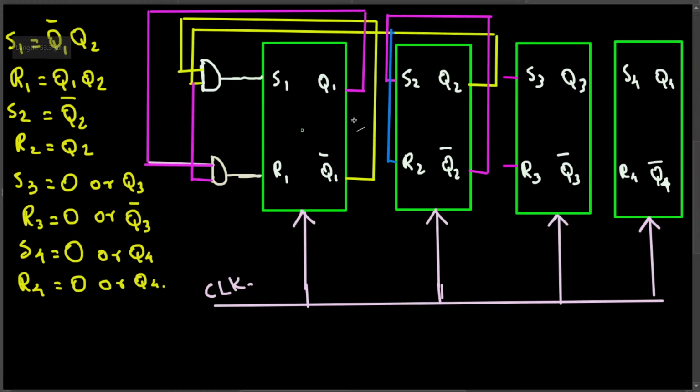You can see S3, R3, both of them are 0. Bring a wire like this, connect it to the ground. And S4, R4, same thing. Bring a wire like this, connect it to the ground. And that's our final design.